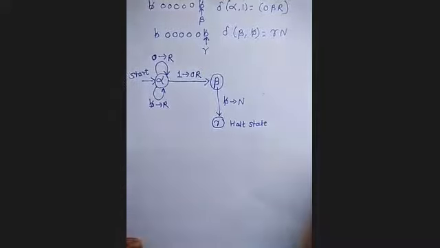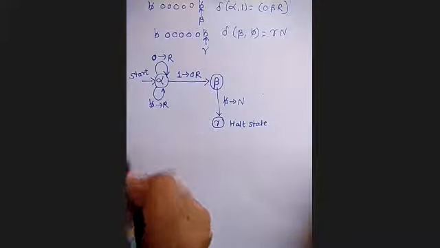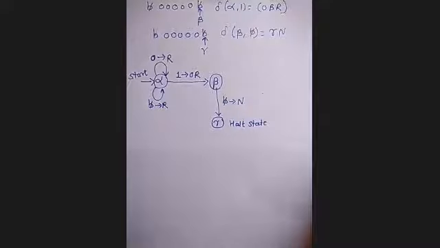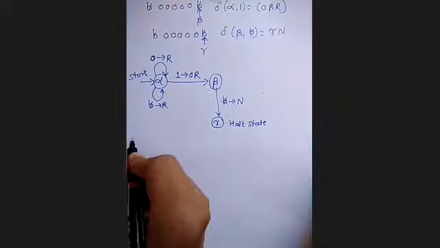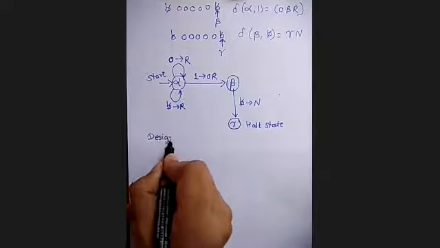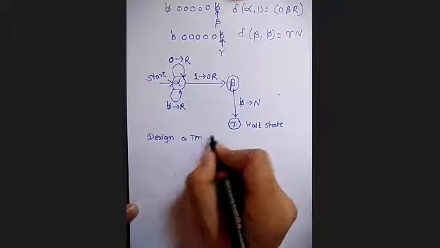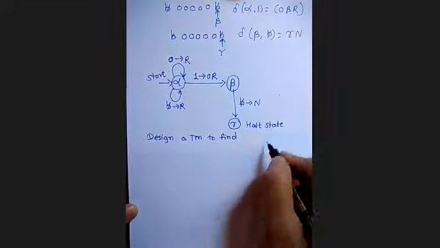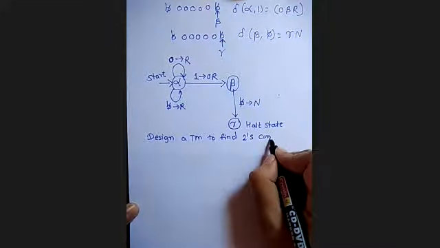So our example is: design a Turing machine to find 2's complement of a given binary number.